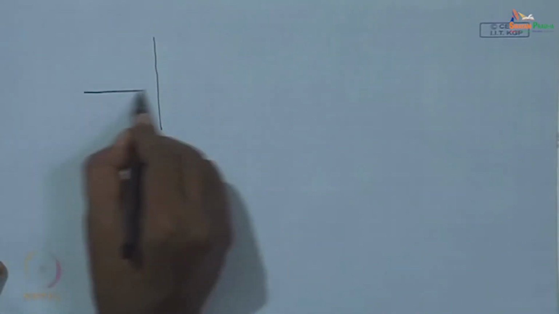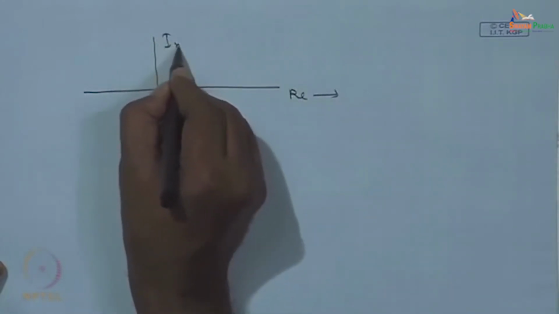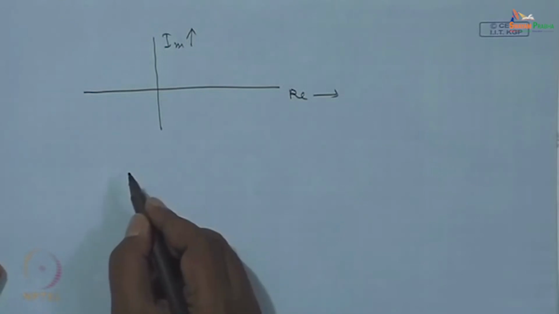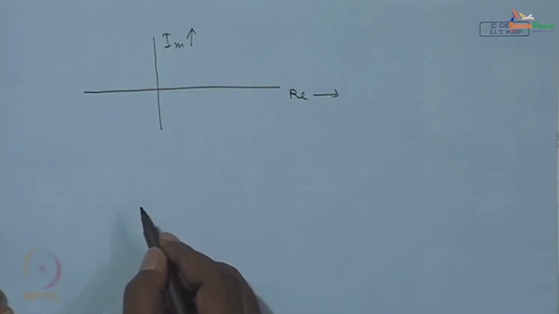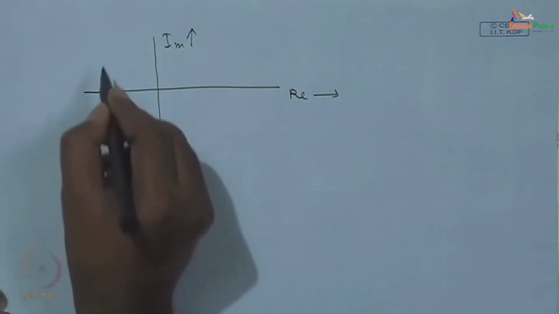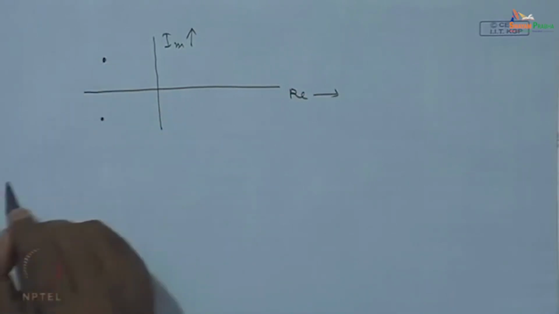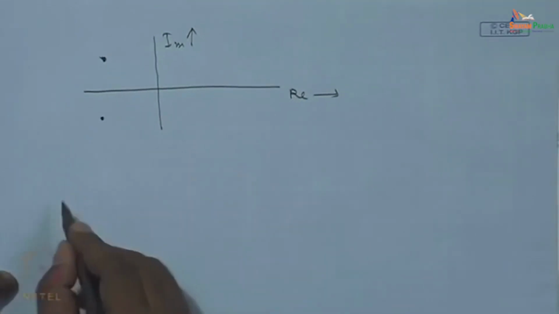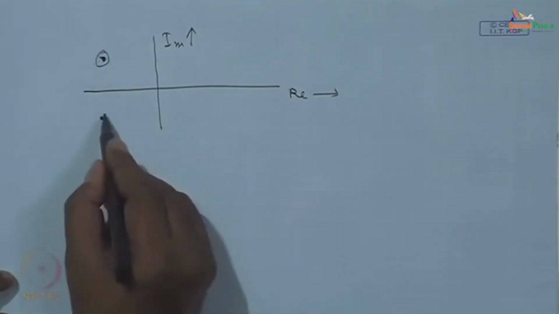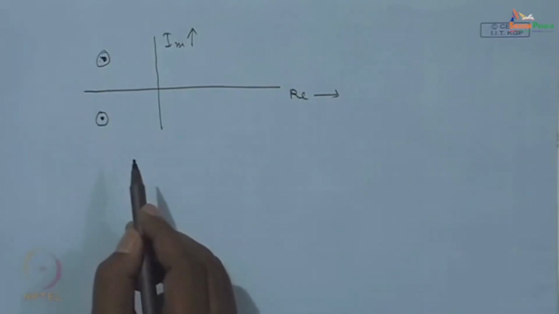Suppose this is the real axis and this is the imaginary axis, and let us say it is a 2-dimensional system. So, we have two eigenvalues which are complex conjugates. Let us say this is one eigenvalue and this is its matching eigenvalue, both having negative real part. So, they will be lying on the left half plane.